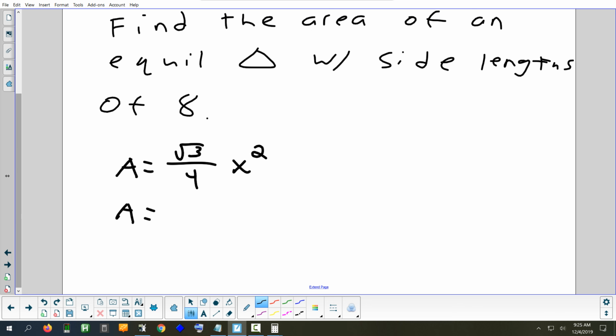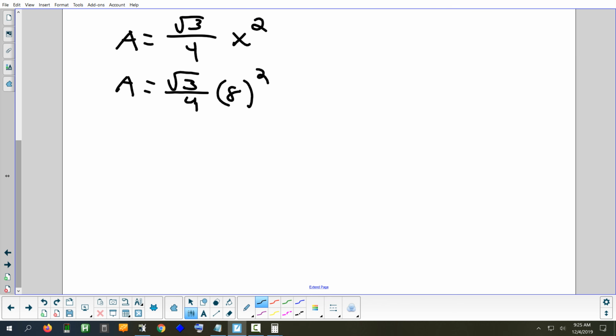Now, we'll probably need a calculator, but I think most of it we can get out of the way without a calculator. 8 squared. Maddie, what's 8 squared? 64. So I've got square root of 3 times 64 divided by 4.